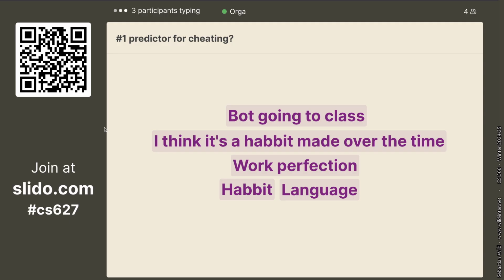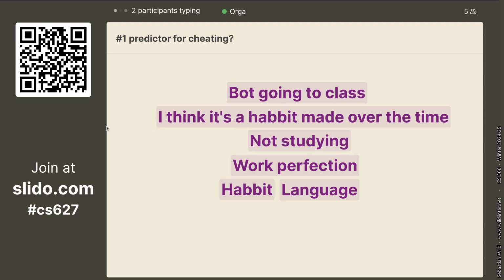It's a good point that cheating can become a habit. But the point here was there's something that correlated with having the habit. Not going to class, not studying. Work perfection is an interesting one, yeah. Language, barriers of all sorts don't help.